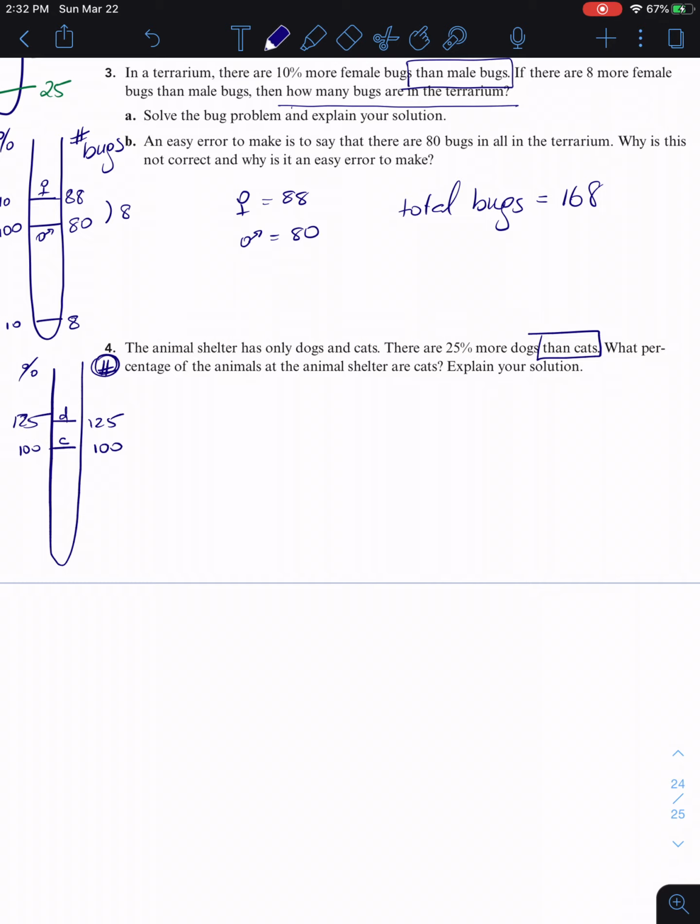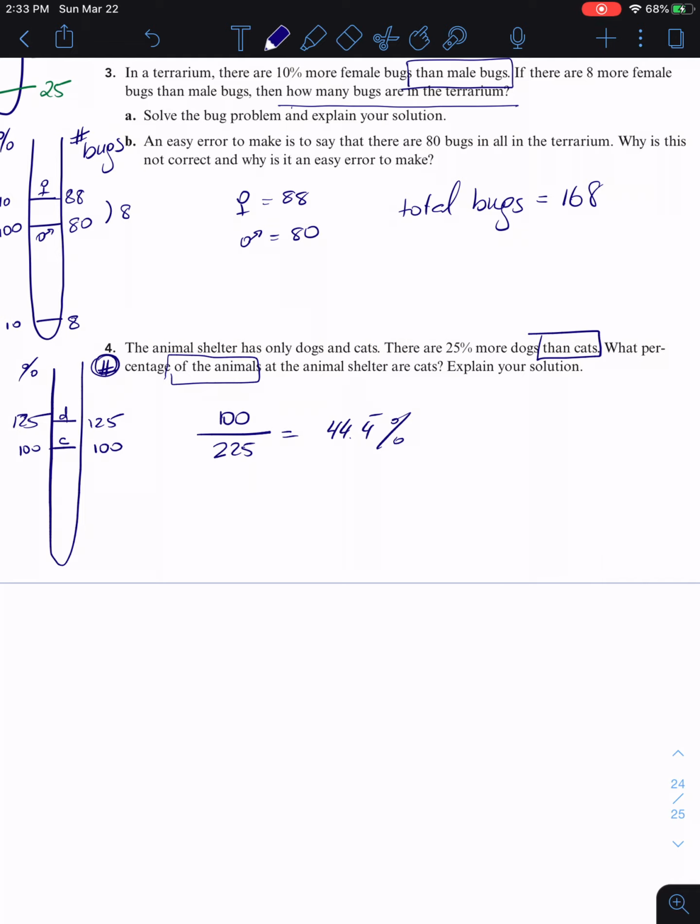So what percentage of the animals at the animal shelter, so of all the animals, are cats? So there are 100 cats. And what is the total number of animals in the shelter if there were 100 cats and 125 dogs? 225. And whatever that percentage is going to be our percent of cats in the animal shelter. So 100 divided by 225 is 44.4 repeated percent.